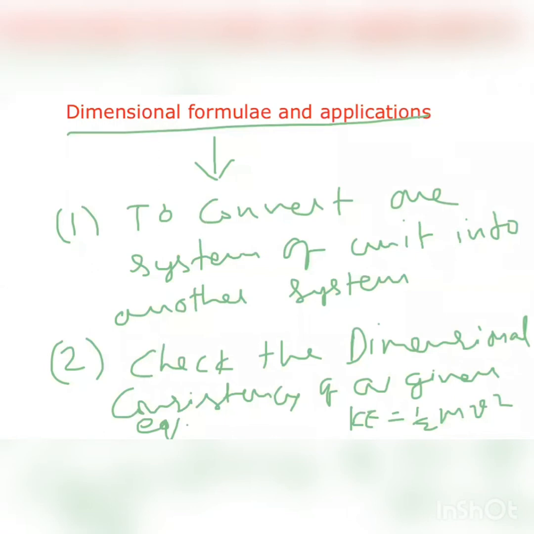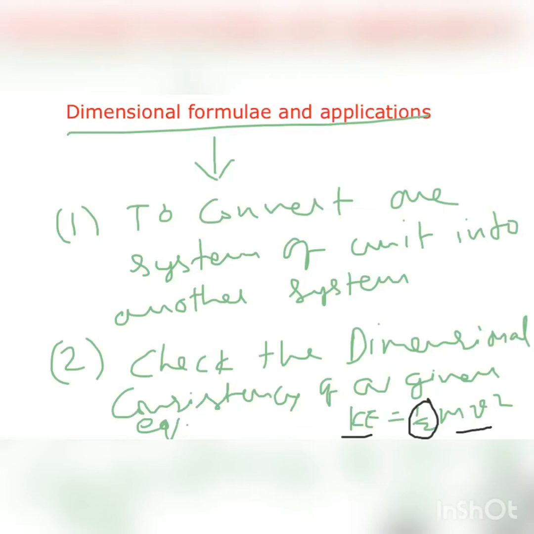We can check it, but half is not eligible for dimensional checking, because half is a constant and we can't discuss it. We can just check the LHS kinetic energy dimensional formula against the RHS, mass and v square, to see whether it is correct or not. We can verify that, but we cannot discuss the constant half, so some limitations are there.